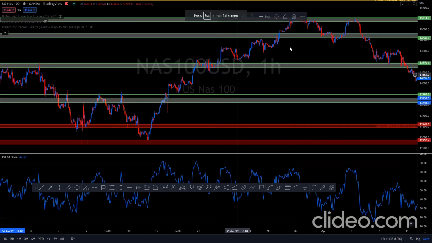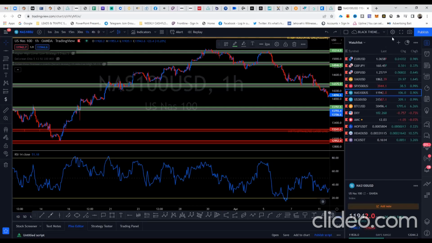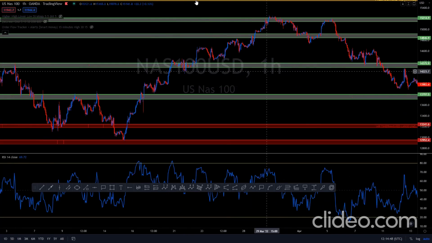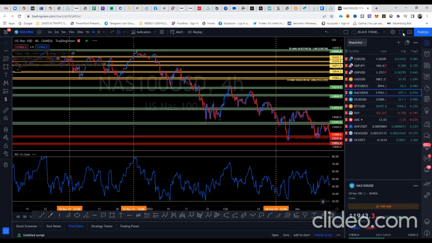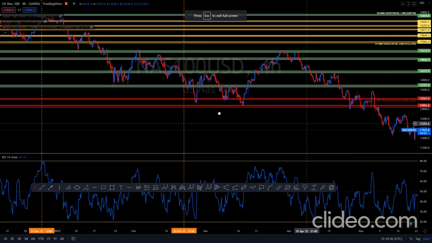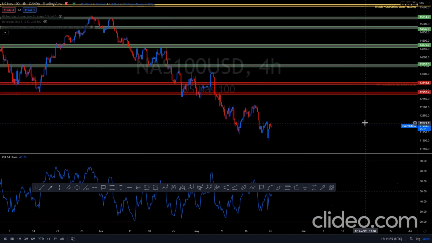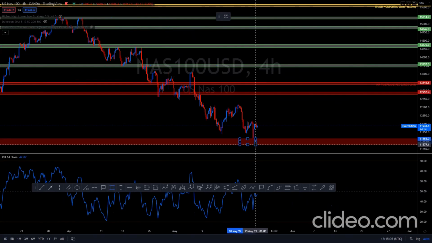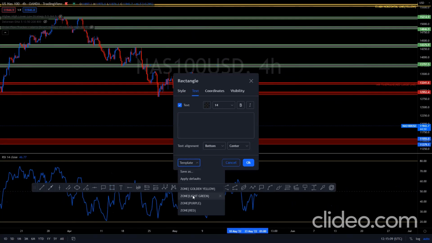Then I'm going to go ahead and move on to the 4-hour time frame and see where we're at there. So as you can see, this is all the zones we marked up on the 4-hour time frame, and then here's current price. So then what I'm going to actually do is just draw a zone down here. I'm going to change this purple.